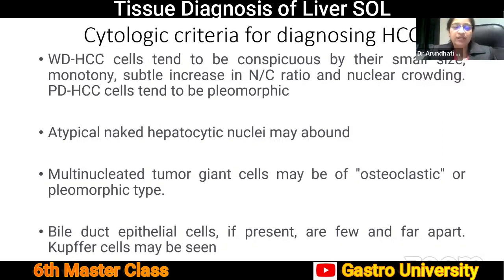Usually, well-differentiated hepatocellular carcinomas have smaller sized cells that are more monotonous. We often get to see naked nuclei in poorly differentiated hepatocellular carcinomas with marked pleomorphism.